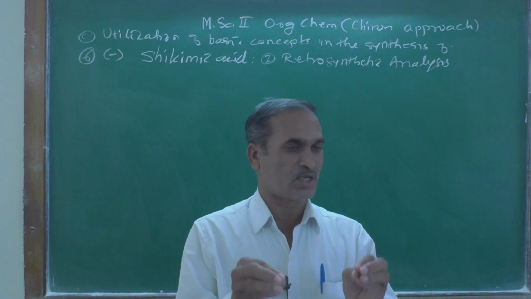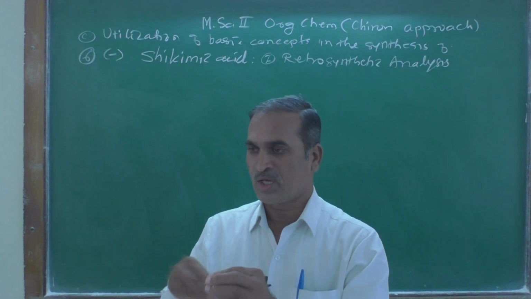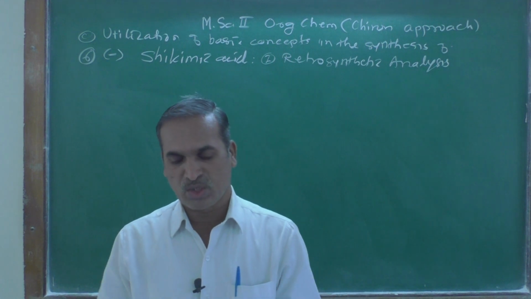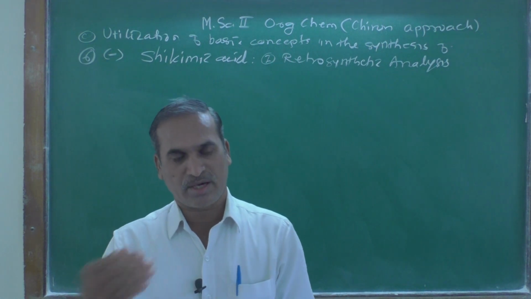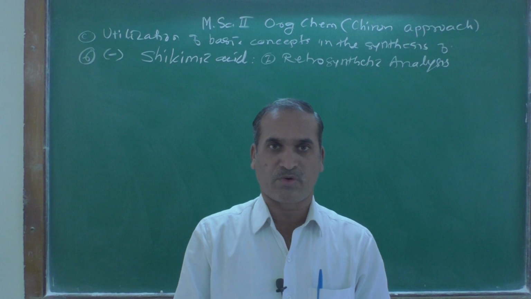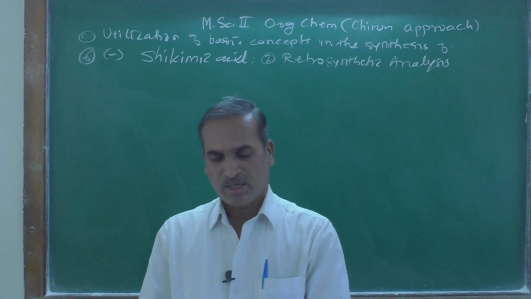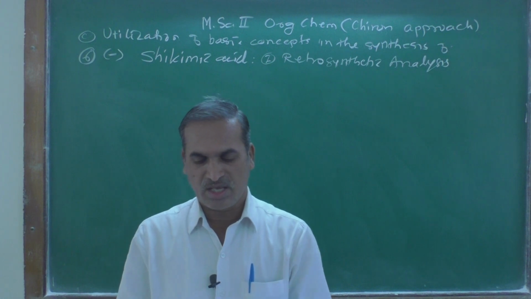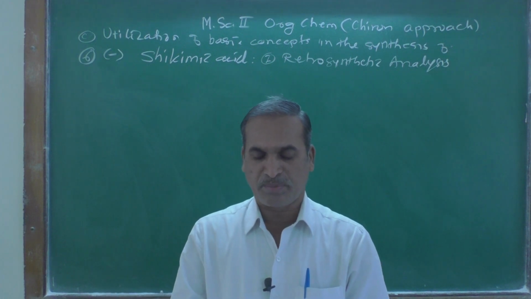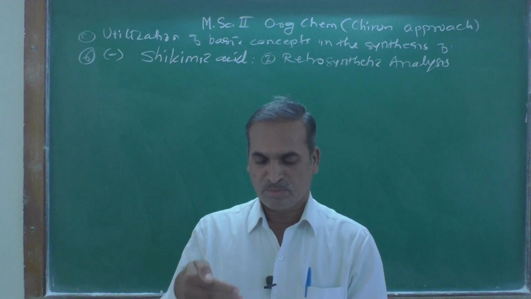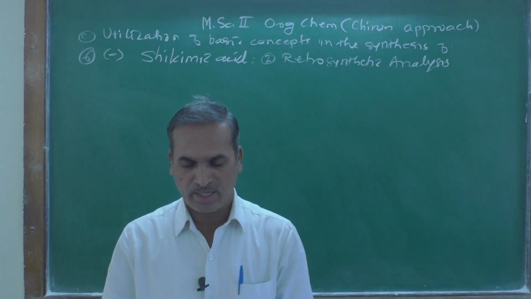NaIO4 is used for oxidative cleavage of that diol, and we get the aldehyde, which is further treated with sodium borohydride, and we obtain the alcohol there.